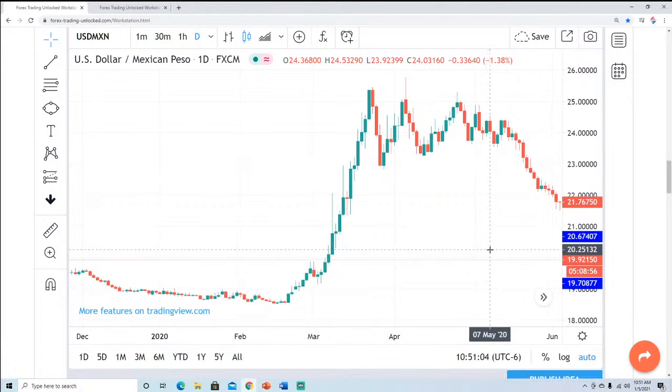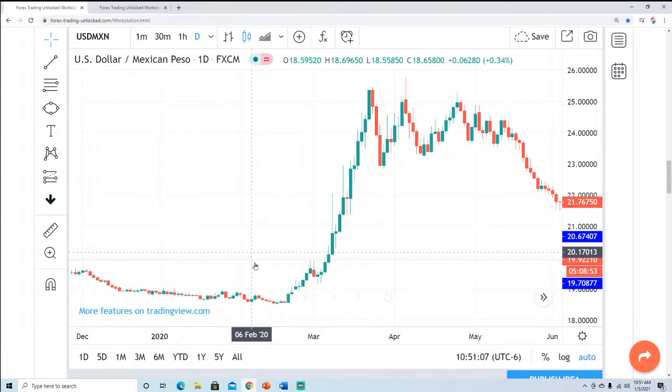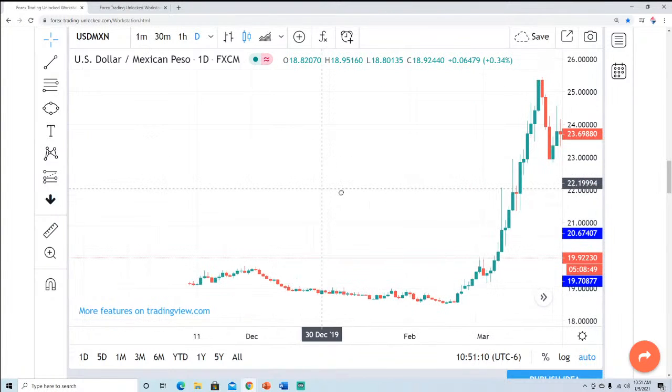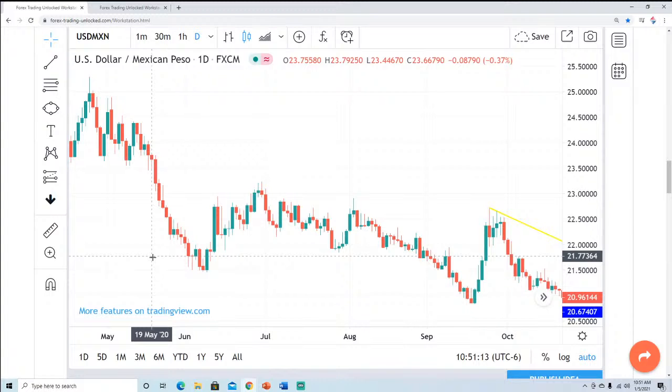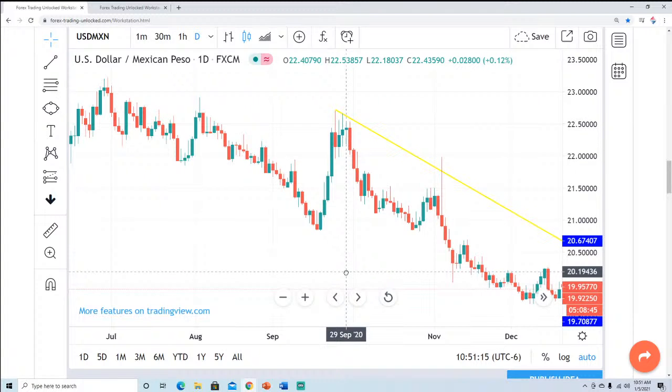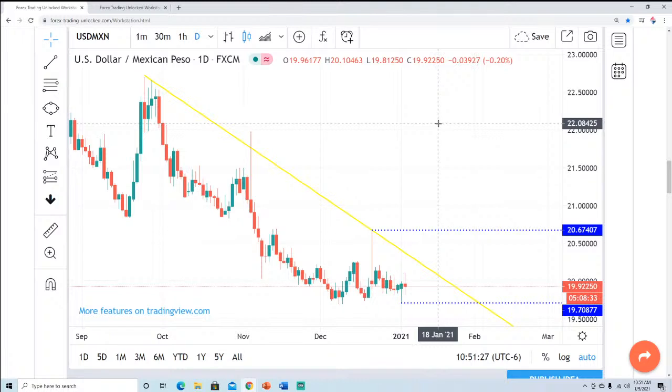Let's go back to February of a year ago. This market was just below where it was, but it looked like it really wanted to tank, and it got all the way up to 26 pesos to the dollar. And here we are trading at right around 20, just at 19.92. So, 20 pesos to the dollar, pretty stable, not much to look for here. I think you're seeing a basing.